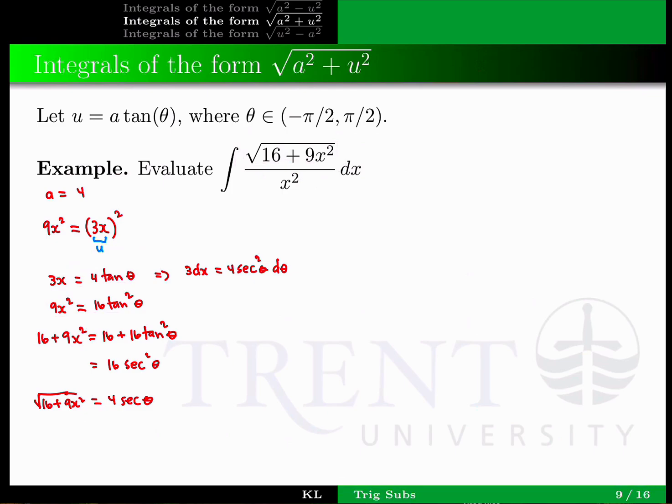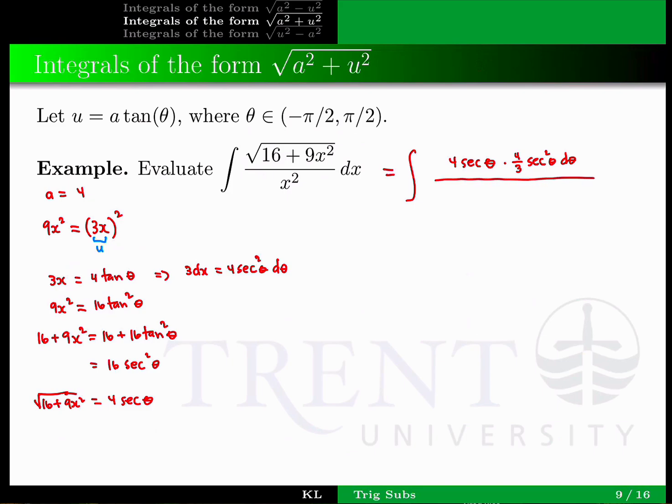So, let us now rewrite the integral as follows. The square root of 16 plus 9x squared, that's 4 secant theta. Dx, let me just write the dx right here. Dx will be 4 over 3 secant squared theta d theta.